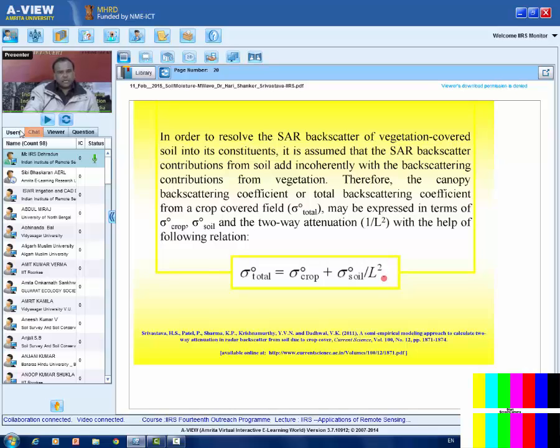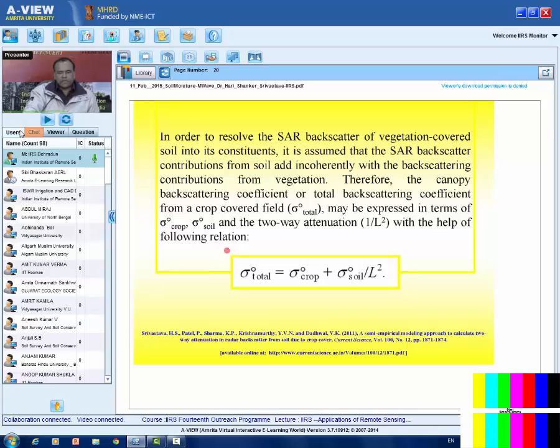Here L square is the loss factor. Why a loss factor? Because the signal has to travel twice through the vegetation canopy, once when it is going toward the soil, and the next time when it is going back from the soil. So this is the basic equation.